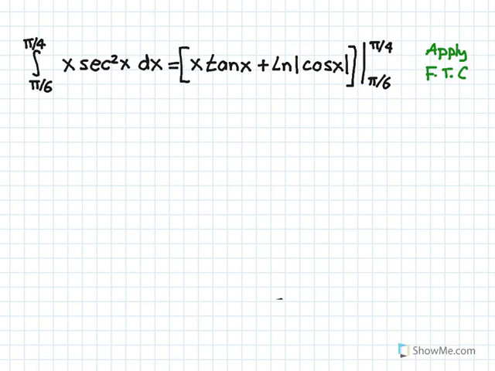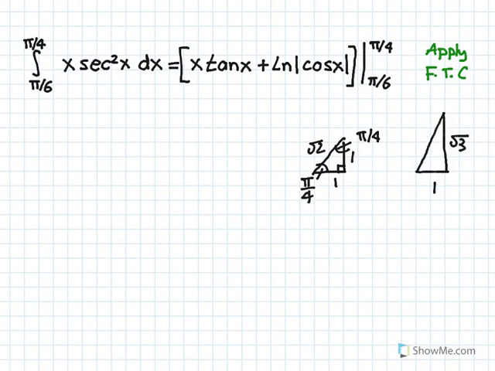All right, before we can evaluate this integral, we need to have some special triangles. So let's go over those. So we have the 1, 1, root 2 triangle, and the angles are 45, pi over 4, pi over 4, 90 degrees, and 1, root 3, and 2, and the angle opposite 1 is going to be pi over 6, and the angle opposite root 3 is going to be pi over 3, 90 degrees.